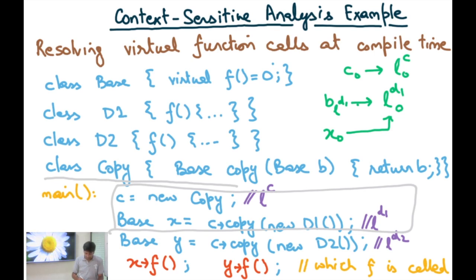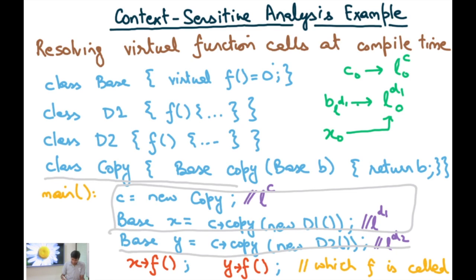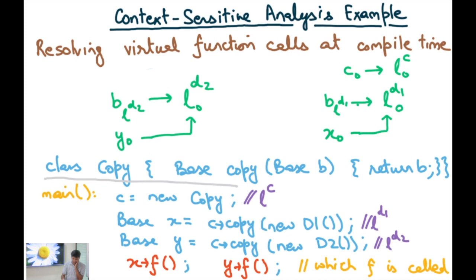Now I similarly analyze the third statement in the program, which is almost identical to the second statement. So this is what the call context graph would look like. Just like I had L0 D1 for new D1, I'll have L0 D2 for this new D2, and because the allocation site is LD2, B this time will be analyzed in call context LD2, so it becomes B LD2, which is different from B LD1.